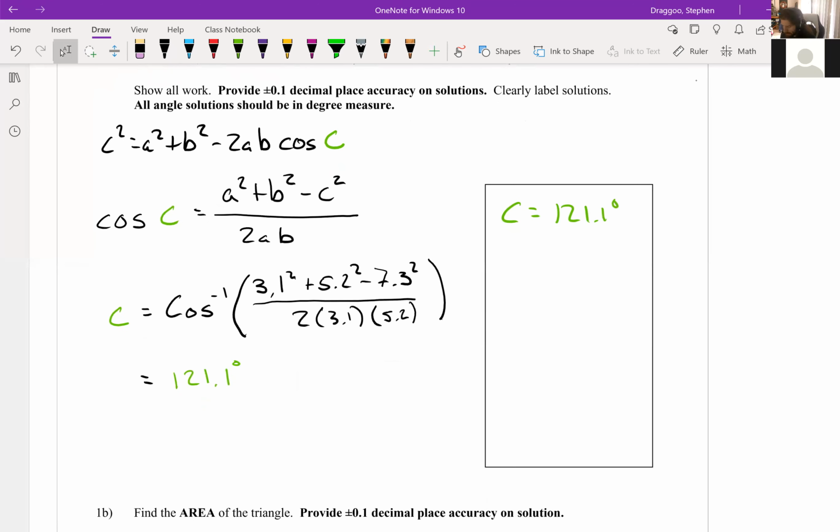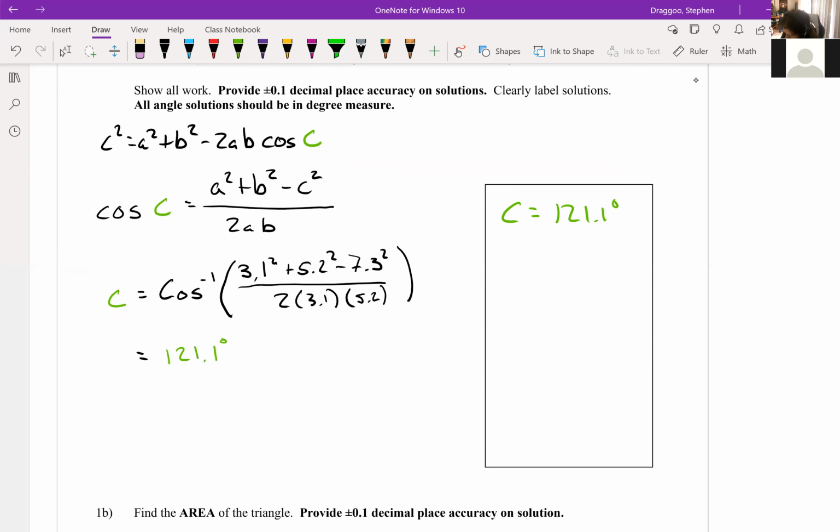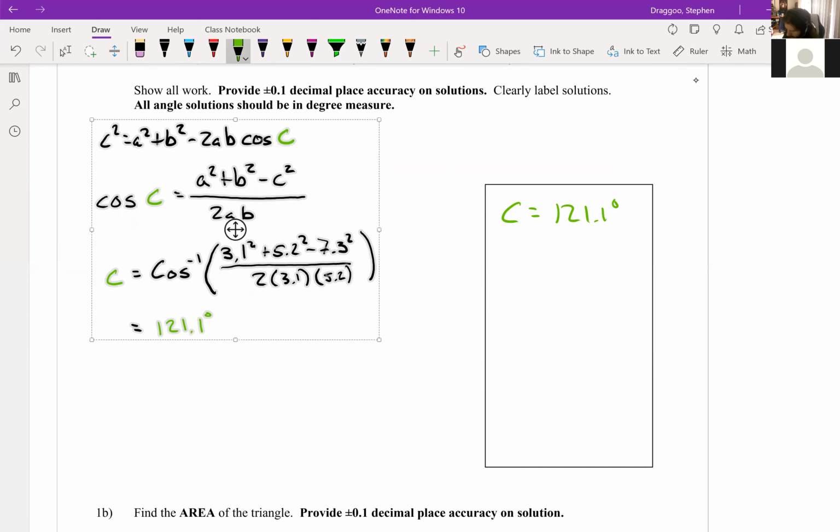Next, I need to solve for one of the other angles. Looks like maybe I should shrink that down just a little bit. If I wanted to take this another way, I just solve for B next.